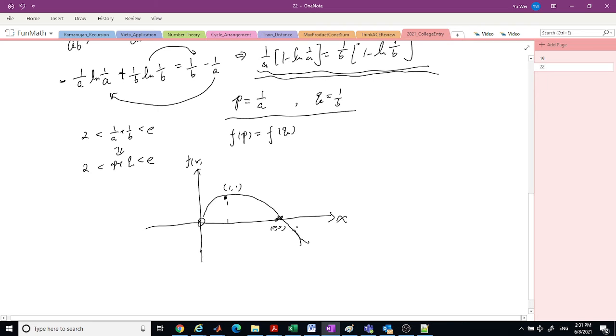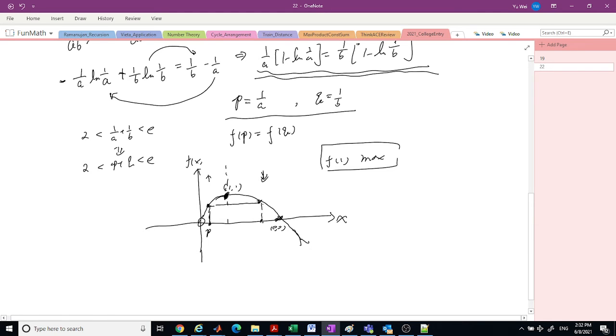Once we want to pick a p, the point (1, 1) is the biggest, so f increasing in this range will be decreasing in the other range. So f(1) is the maximum value, right? In order to have p and q, p is here, q is here, we must have this, right? So now let's see if this is p, and this is q.